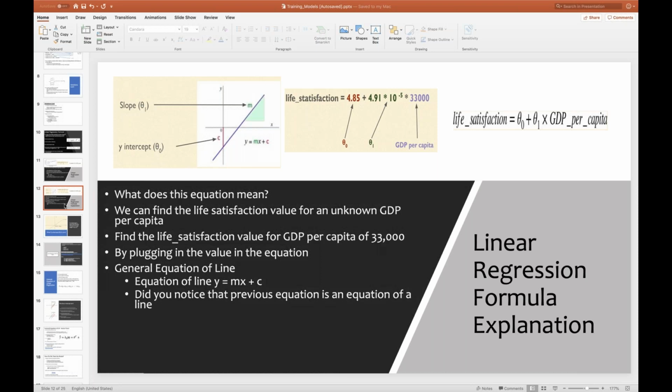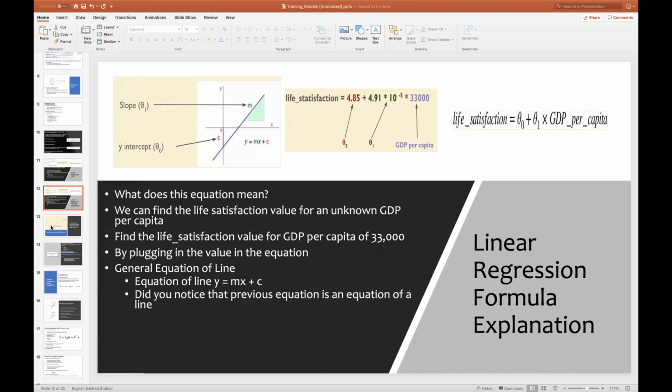Now you may ask, what is theta 0 and what is theta 1? Theta 0 will be the y-intercept, where the line crosses the y-axis. Theta 1 is the slope on x, which is called m. How theta 0 and theta 1 contribute to the formula is important to understand.